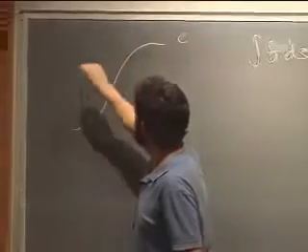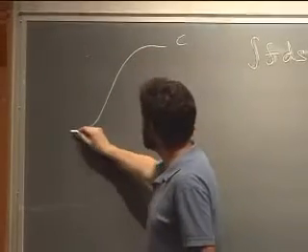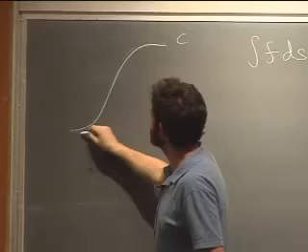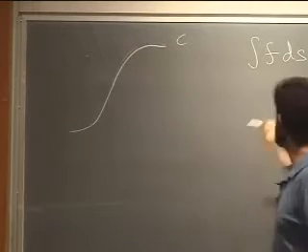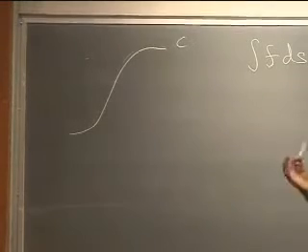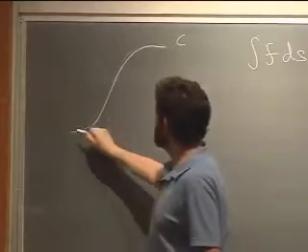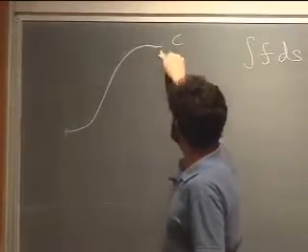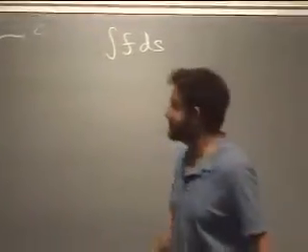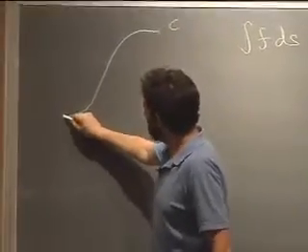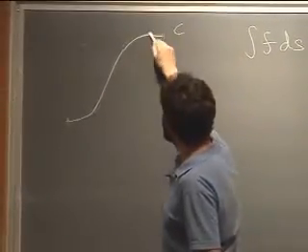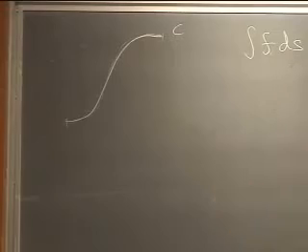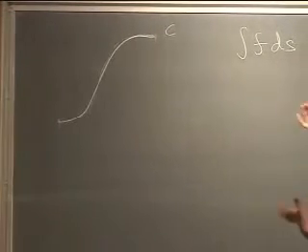I don't care how hot it is here, here, here. All I care is how hot it is on this wire or this little curve here. And this sort of adds up all the values. If you like, it's a sort of averaging thing. If you prefer to think of it that way, when you divide by the length of that curve, you do get the average temperature. So I'm adding up all the temperatures along here, and F would then be the temperature. Okay, so that's what this means.